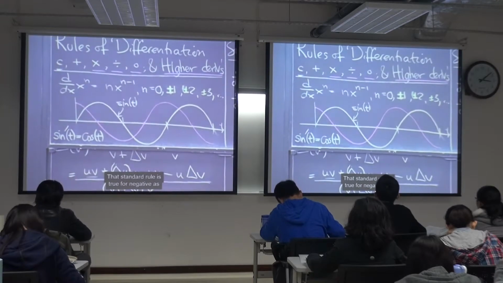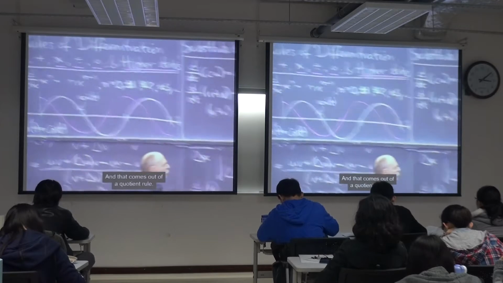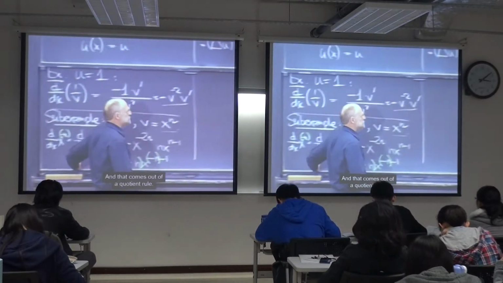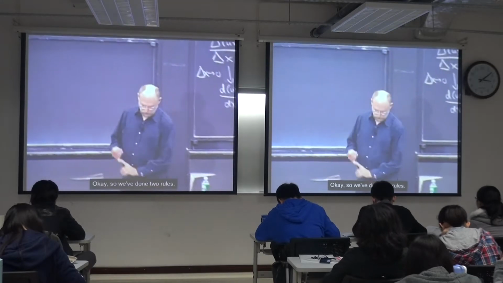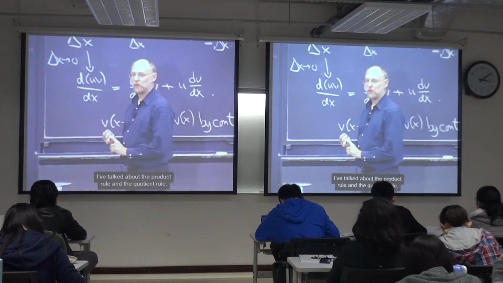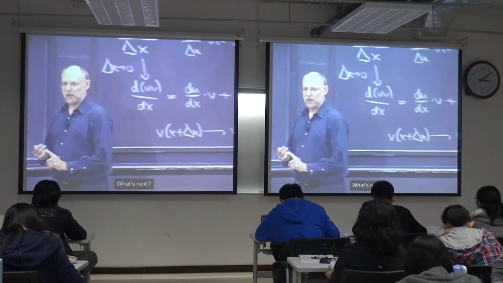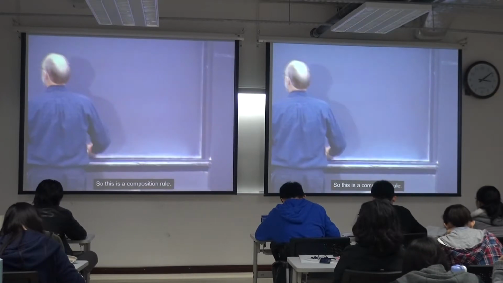That standard rule is true for negative as well as positive exponents. And that comes out of the quotient rule. Okay, so we've done two rules. I've talked about the product rule and the quotient rule. What's next? Let's do the chain rule. So this is a composition rule.